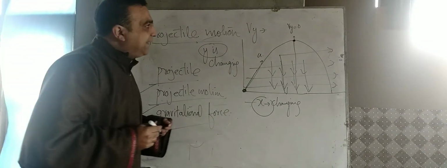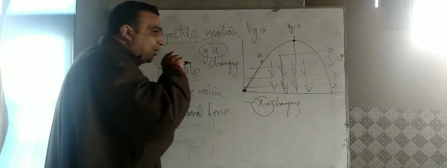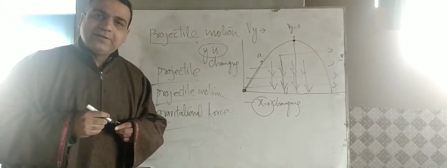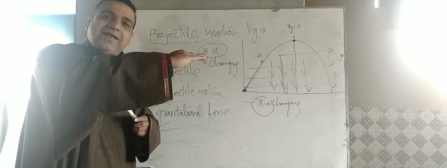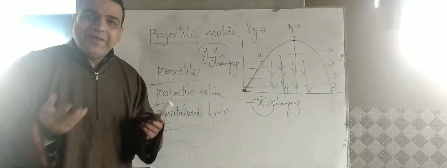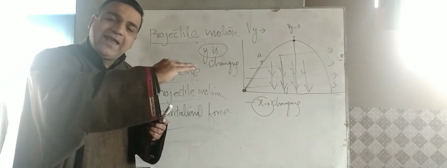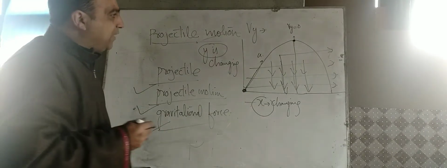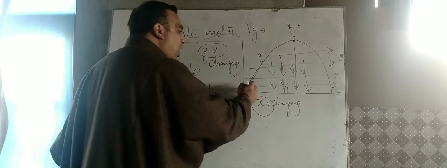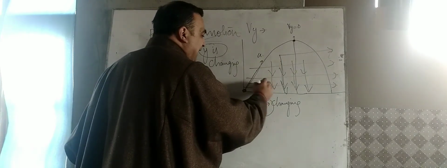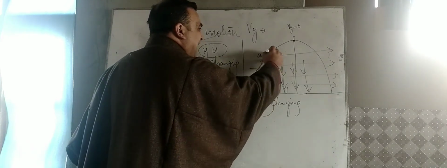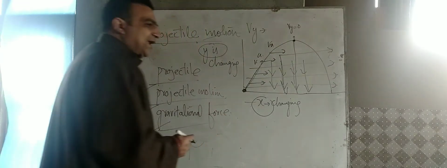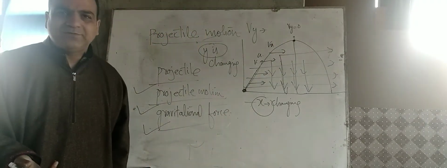At the same time, since the acceleration along the x-axis is 0, the velocity along the x-axis should be a constant. If I talk about the velocity along the x-axis at any point, its value must be the same.